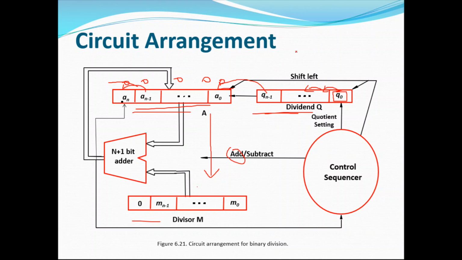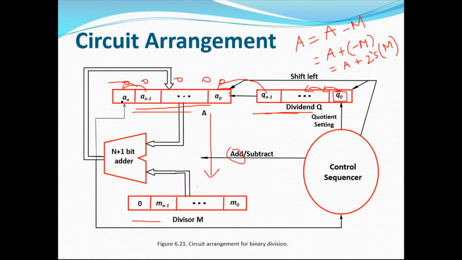So what we want to perform is A equals A minus M, that is, subtract the divisor from A and store the result in A. This is equivalent to A plus minus M, which means I can represent A as it is in binary, and represent M in 2's complement, which is nothing but the negative version of M, and then add with A and store the result in A. That's what we are going to do.